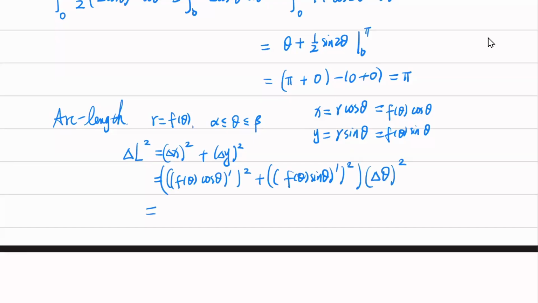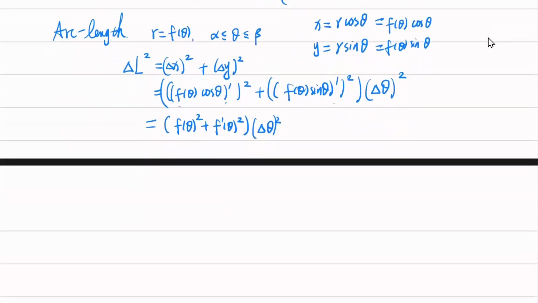The good thing is there are a lot of trig identities that allow us to simplify many of them. So the resulting formula is very nice. Then we take a square root. The increment will be the square root of f(theta) squared plus f derivative(theta) squared.